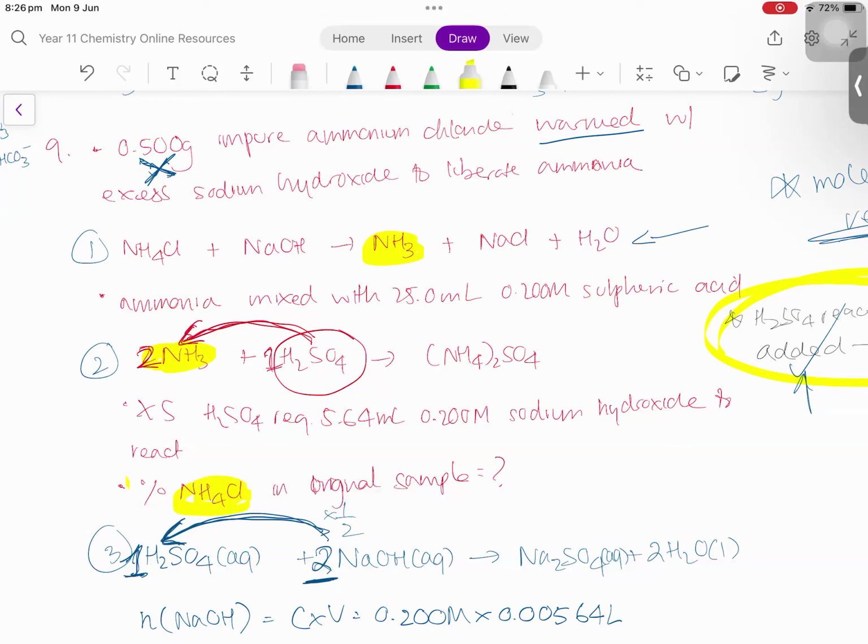So they told you they liberated ammonia and then the ammonia mixed with the sulfuric acid. So because there's no other information to work with, we do just say all of the ammonia that came from the first reaction must have gone to the second. Yeah. So we can jump from here to here straight away. Okay.